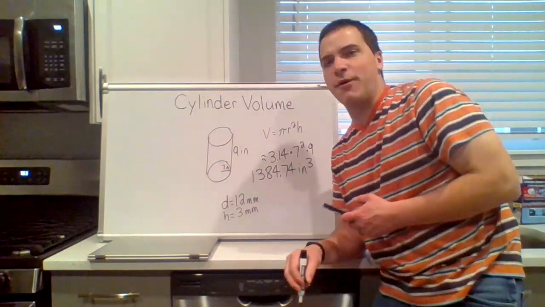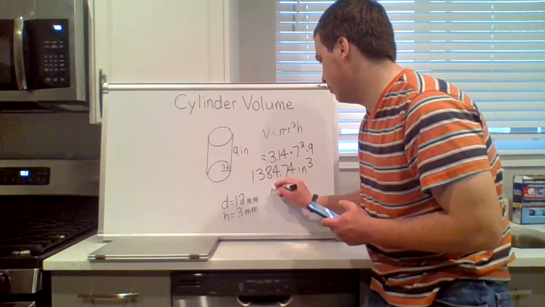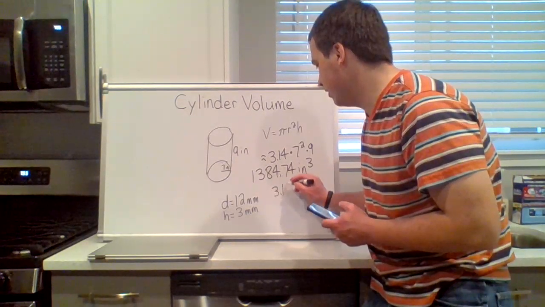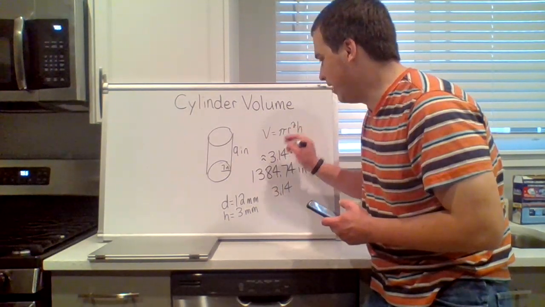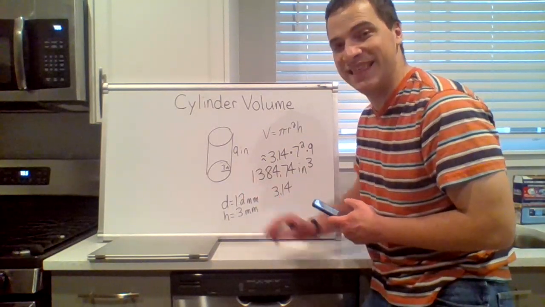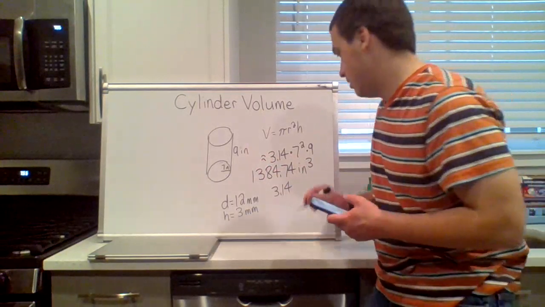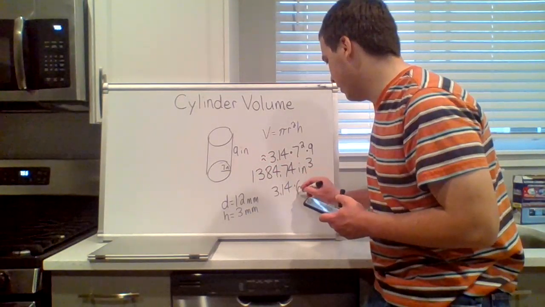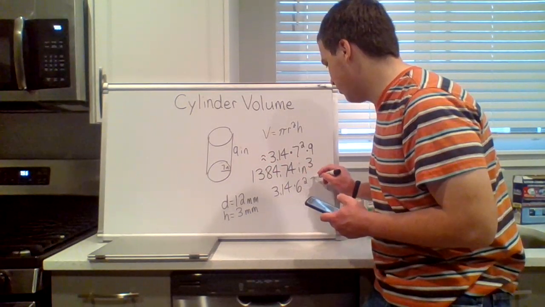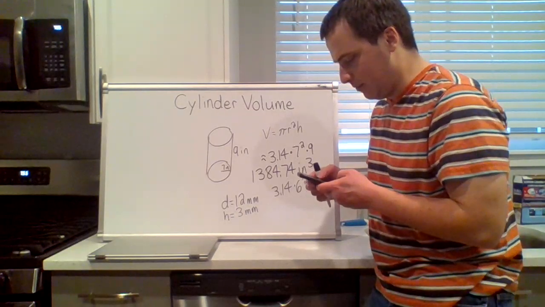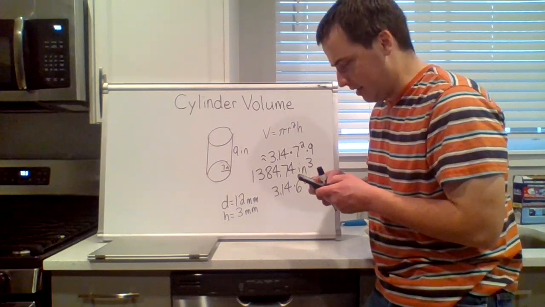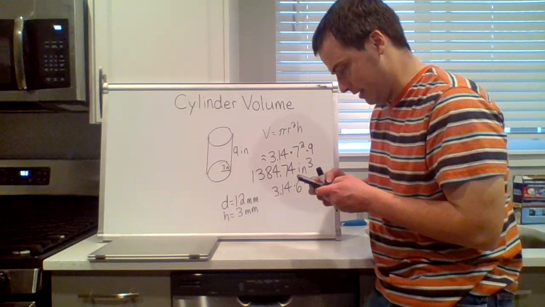To do this problem, you would do 3.14 times the radius. The radius here is 6, because the radius is half the diameter, times 6 squared times 3. So 3.14 times 6 times 6 times 3.